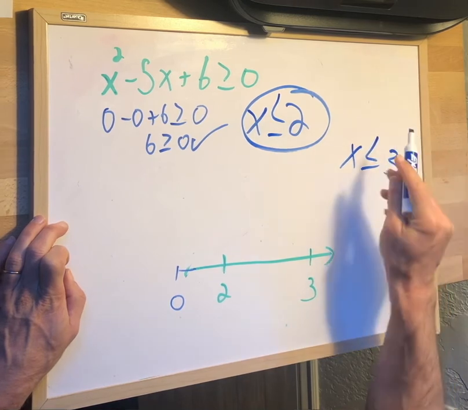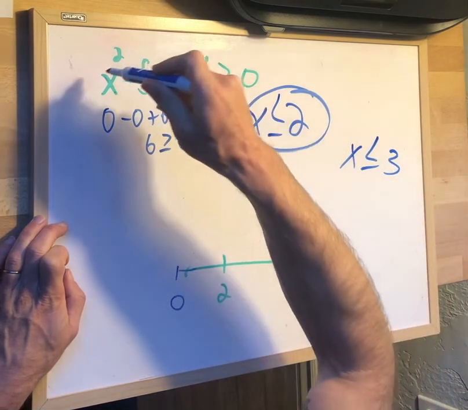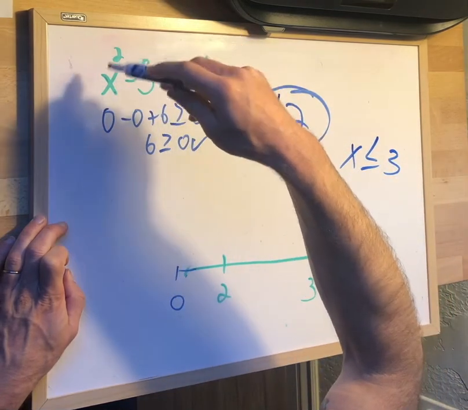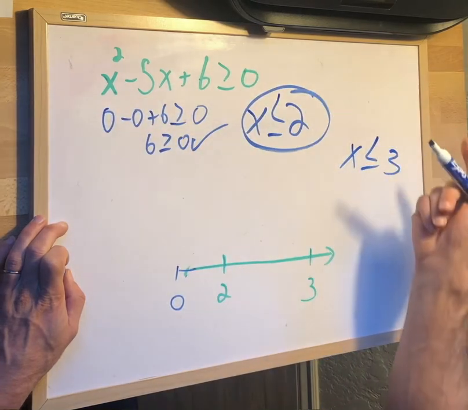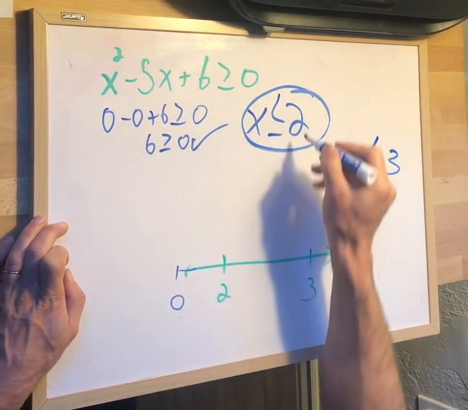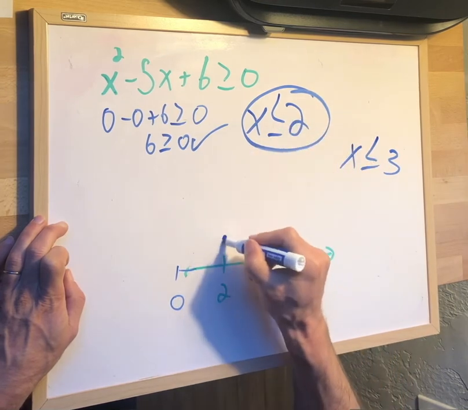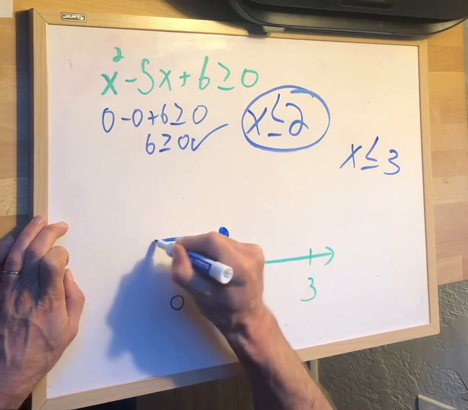I don't know that, because what if I were to plug in a 2.5? If I plugged 2.5 in here, I don't know if this is going to be a true statement, which is not going to be, by the way. So all I know from 2, I can include this: x is less than or equal to 2. So this means this graph is going to go this way.